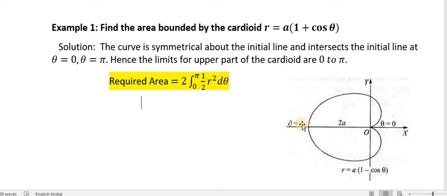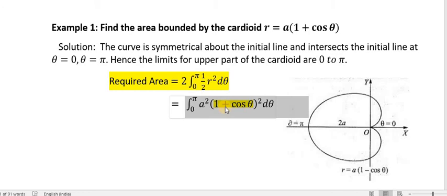See, here theta is varying from 0 to pi. So, the limits of this integral are 0 to pi, and half r square d theta is the formula, and we have taken twice of that. That gives us the required area, which is equal to 2 integral 0 to pi half r square d theta.